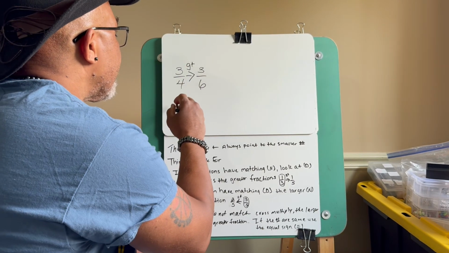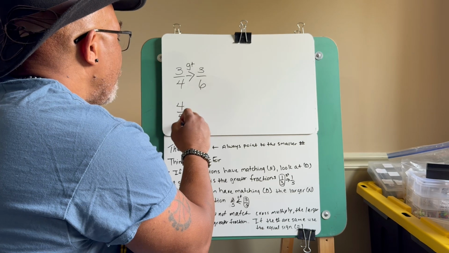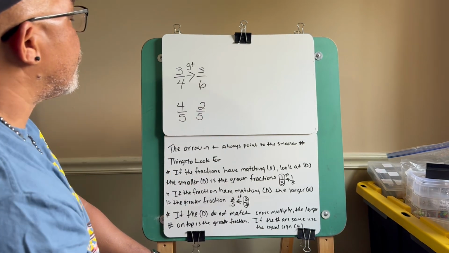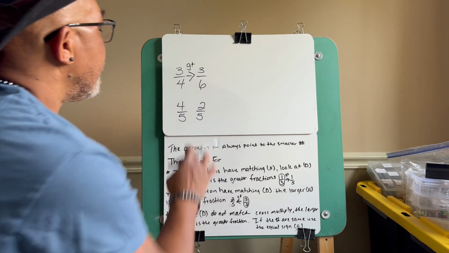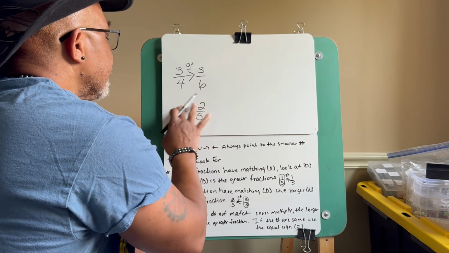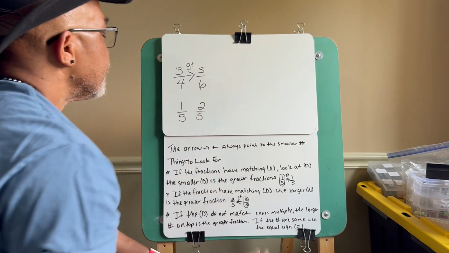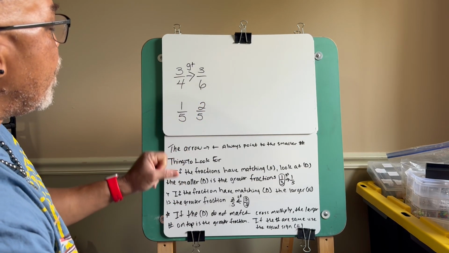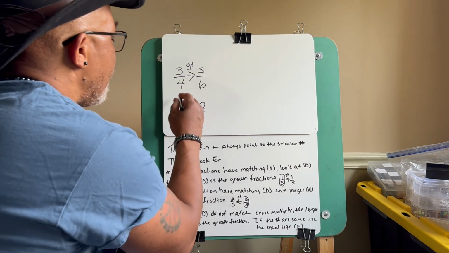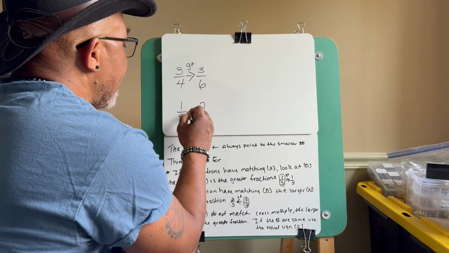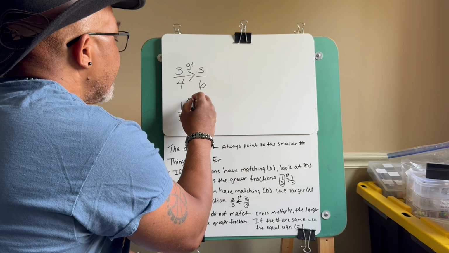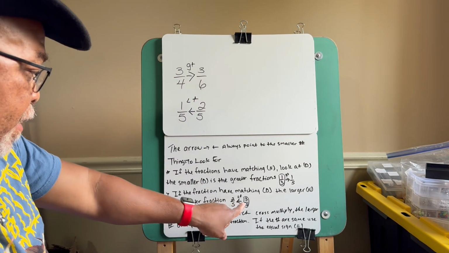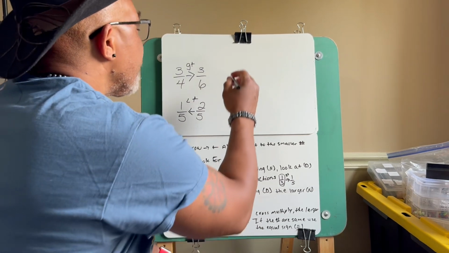If you had 4/5 and 2/5, no, you change that to 1/5 and 2/5, where 2 is greater than 1, so that means that 1/5 is less than 2/5.